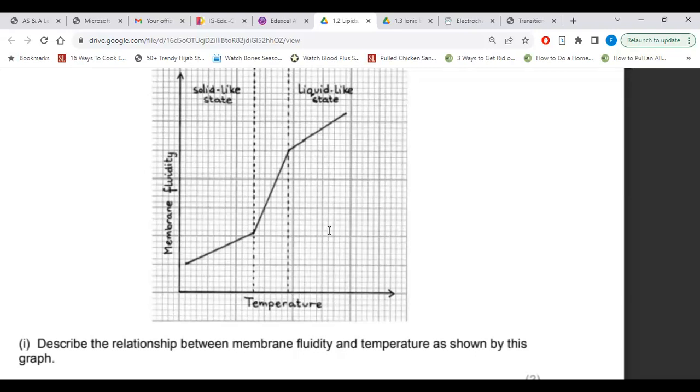Then do take a look at the steepness of the curves or the steepness of the lines given to you, because you can use them while giving your explanation. For example, we have to give the relationship between the fluidity of the membrane and the temperature. As the temperature increases, the fluidity of the membrane increases. That's a blanket statement. It's a general statement.